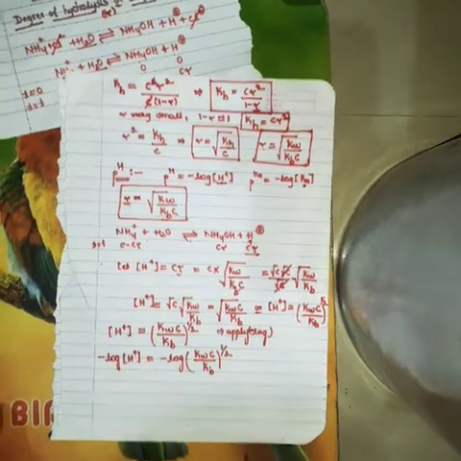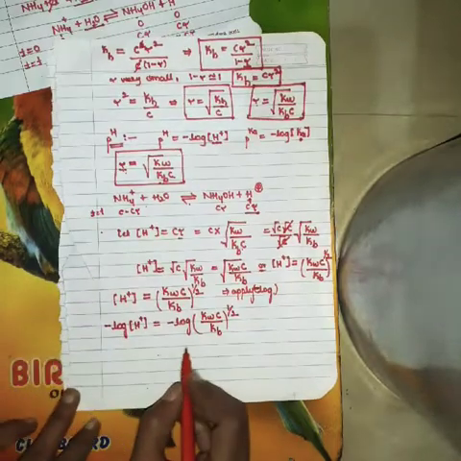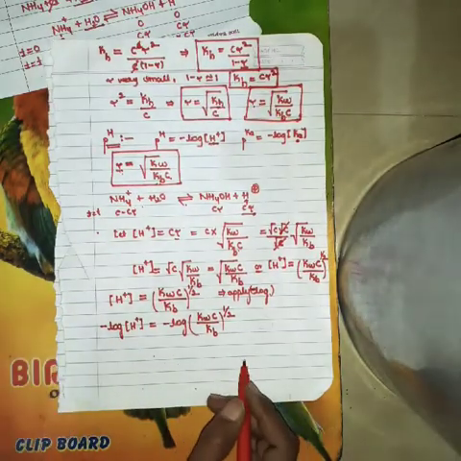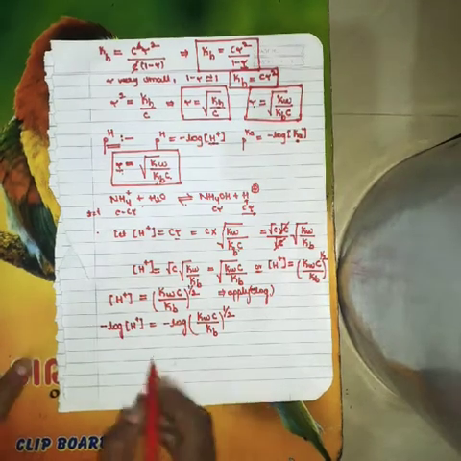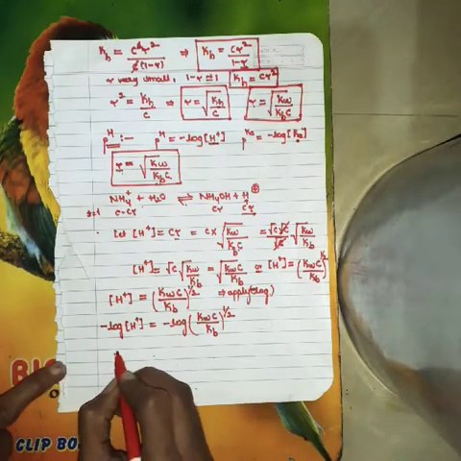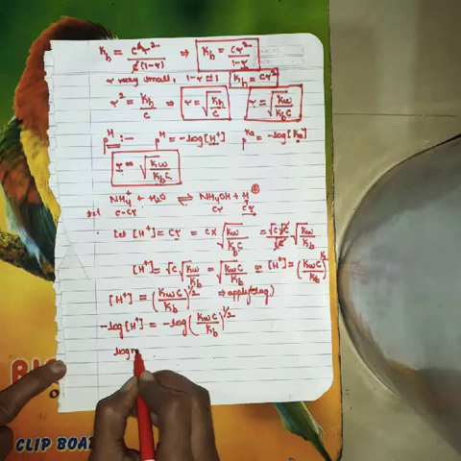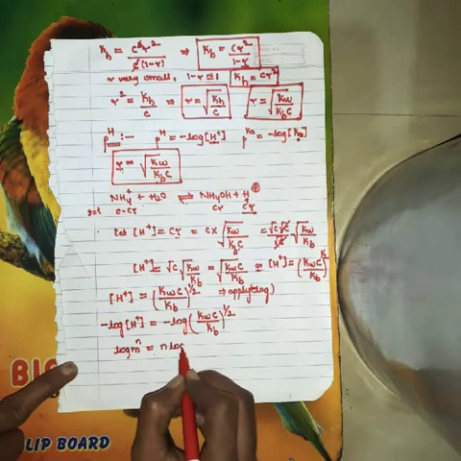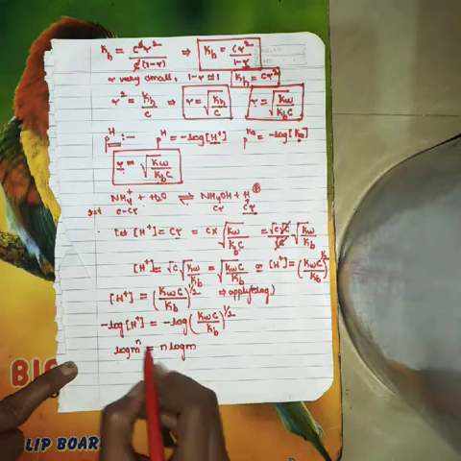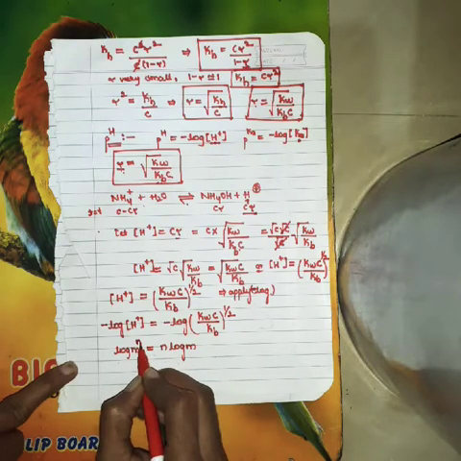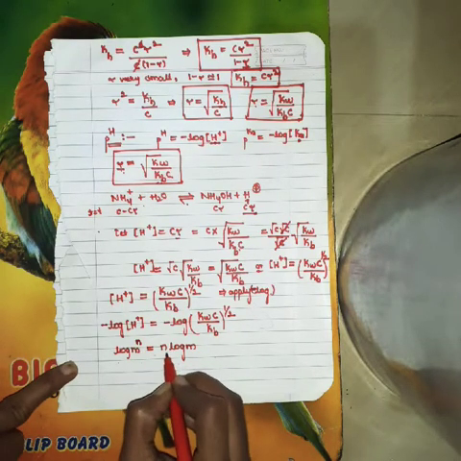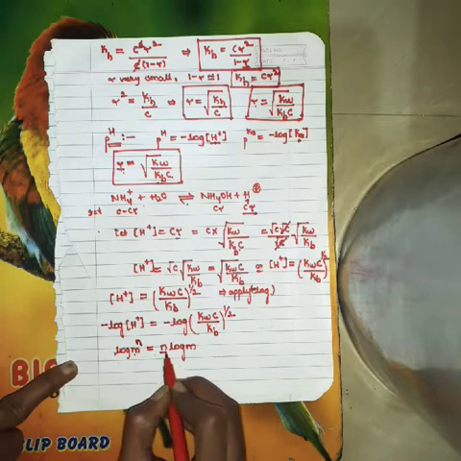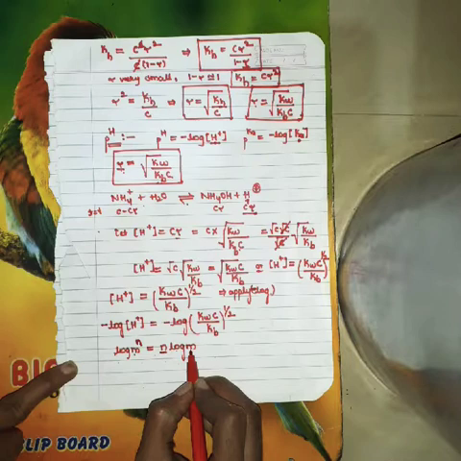You already know some properties of log, which I explained in the last class: log m raised to n is equal to n log m. Whatever is in the raised power will come to the front side.